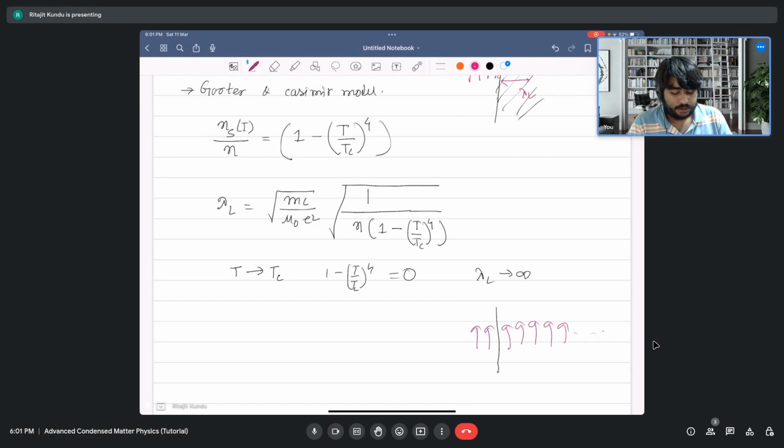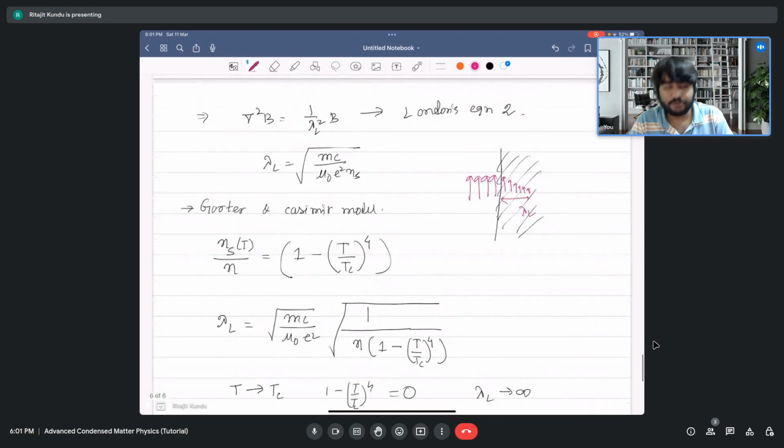On a related note, in the superconducting phase the superconductor repels the magnetic field.